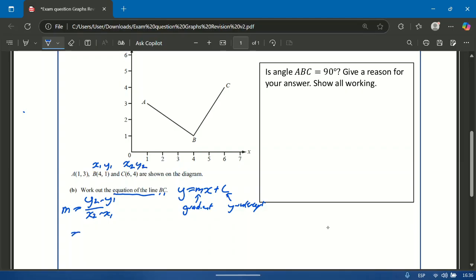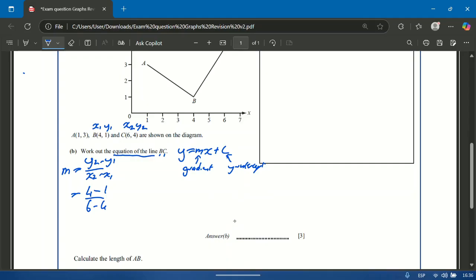So to find the gradient, y2 is 4. Then the minus in the formula. And then there's a 1. So there's not another minus this time. And then the x2, that is 6, minus the x1, that is 4. Alright, so 4 minus 1 being 3, and 6 minus 4 being 2.